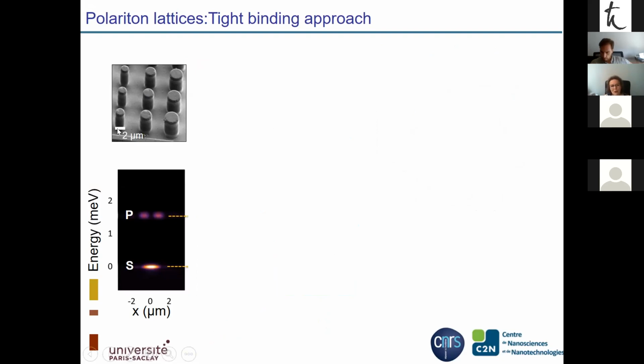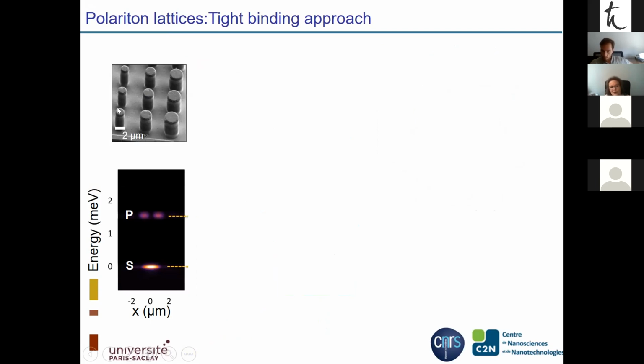The building block will be a little micropillar like this, of a few micron size, in which light is confined vertically between the two mirrors and laterally. So you have to imagine that the cavity is vertical: the two mirrors, then the cavity, and the other mirror.